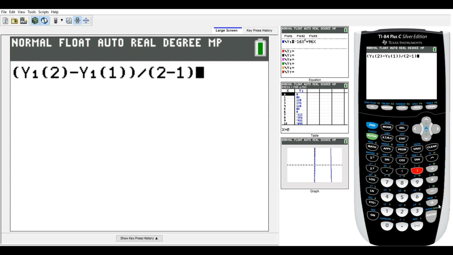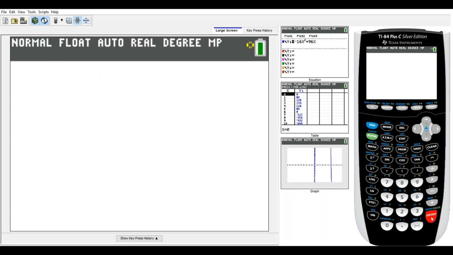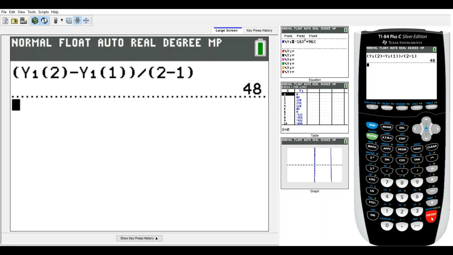Okay. And this is a lot easier than having to type in minus 16 times 2 squared plus 96 times 2 minus negative 16 times 1 squared minus 96 times 1 all over 2 minus 1. Right? This is a little bit easier. Okay. So we'll hit enter, see what we get, 48.